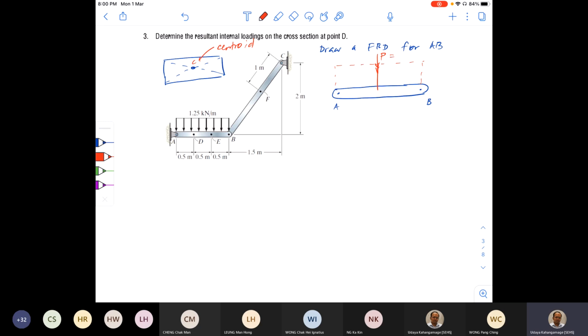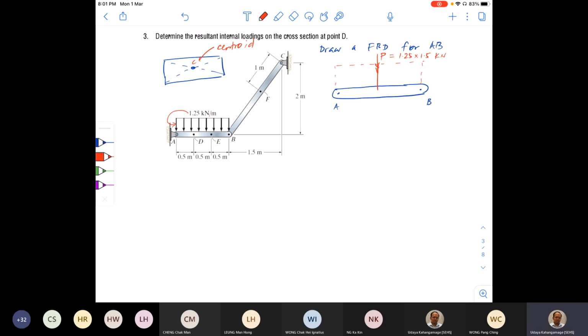It is the area of the distribution. Sorry, the rectangular distribution: the side is 1.25, right? The total length is 1.5. So the total force here is 1.25 into 1.5. So this is the total force in kilonewton.